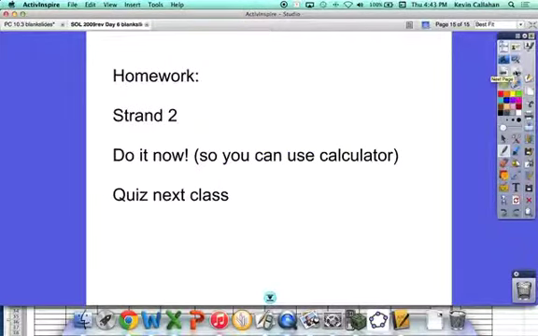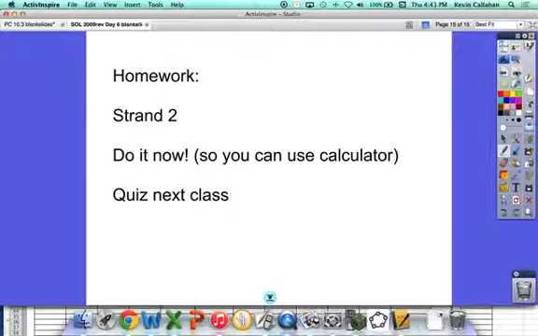The homework assigned was a package which I will send out in the email. I will post it to the website with the answer key, actually. For fifth block, you had a fair amount of time to work on this in class. Eighth block, less, but it doesn't matter. You still do what you can to solve it. We'll go over it next class. We will have a quiz next class.